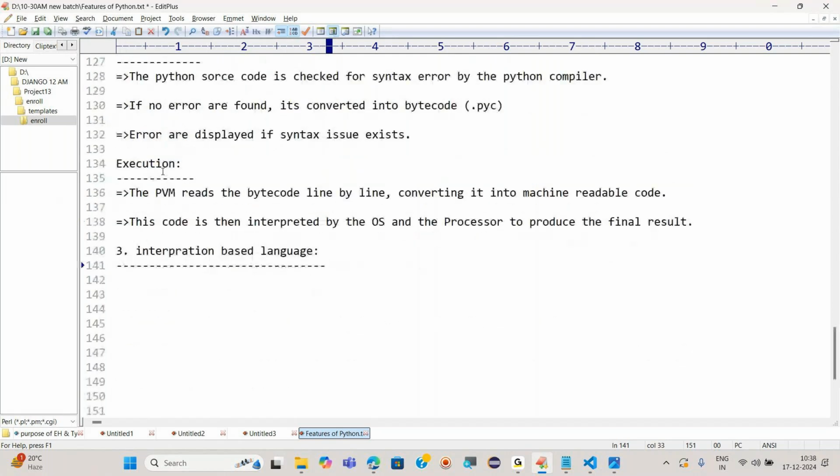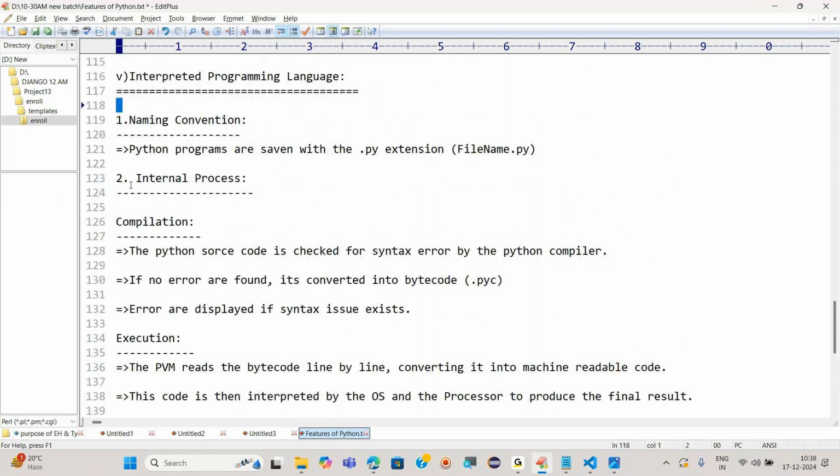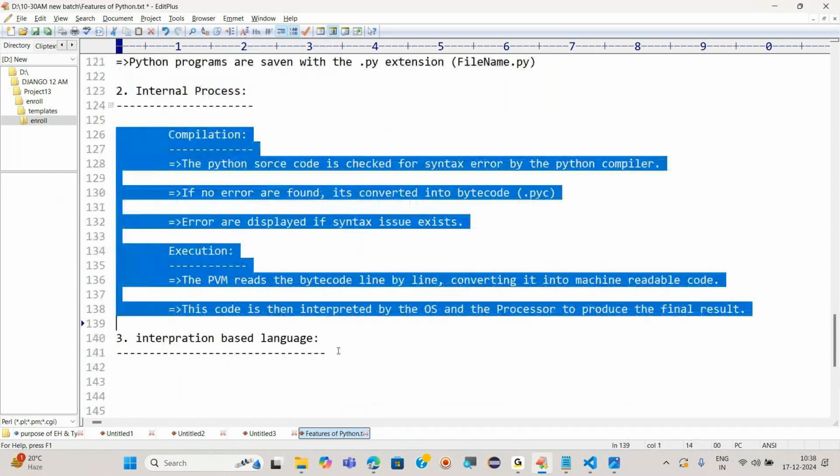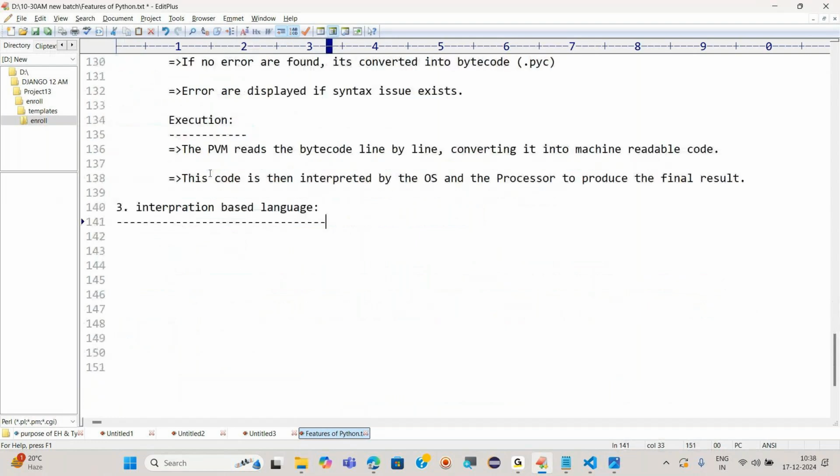We have seen the naming convention, we have seen the internal process comes with two different things, compilation and execution. They are the part of this internal process. Okay, and then interpretation based programming language, obviously it is Python.